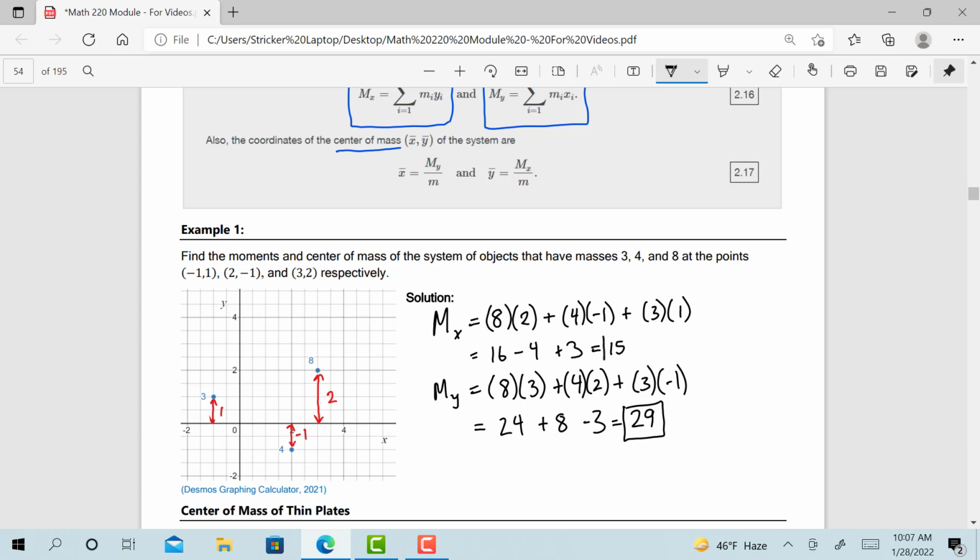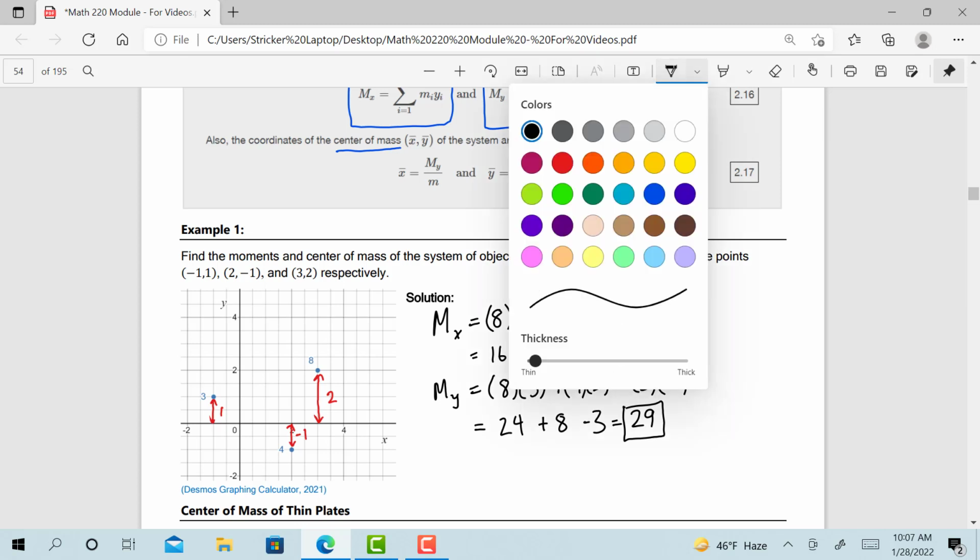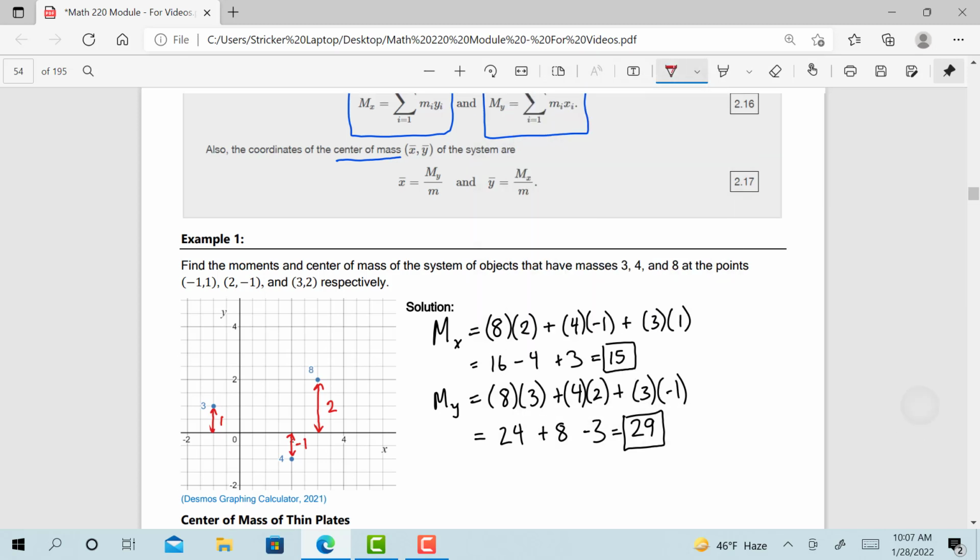If you didn't, go back and watch how we did the moment around the x-axis again. These distances of 3, 3, this is because we have a distance of 3 away from the y-axis. This is our x distance in this case, whereas these were y distances.